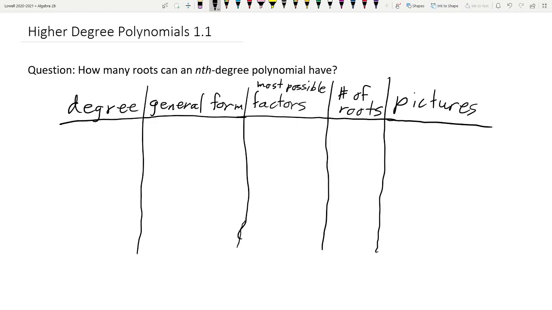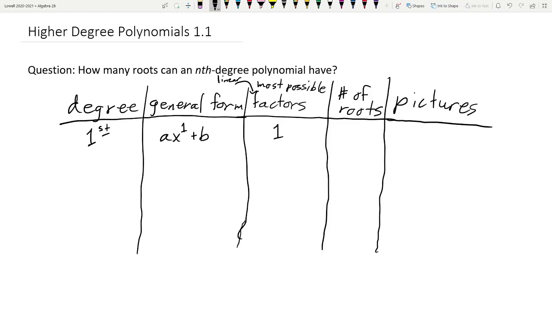So let's consider a first degree polynomial, and that's going to look like this: just ax to the first power plus b. This is also called a linear polynomial, but let's just stick with first, second, third degree, etc. It itself is already a linear factor, so there's only going to be one.